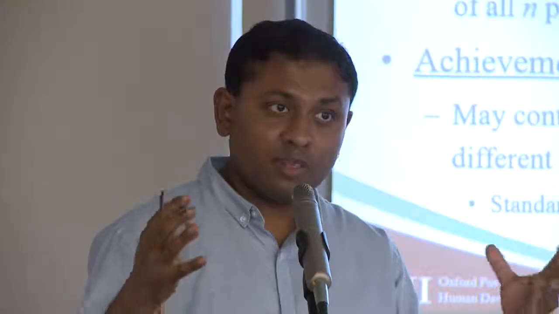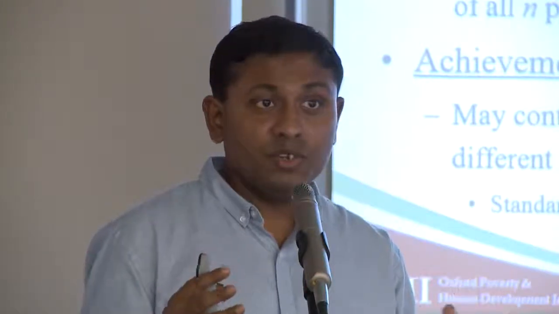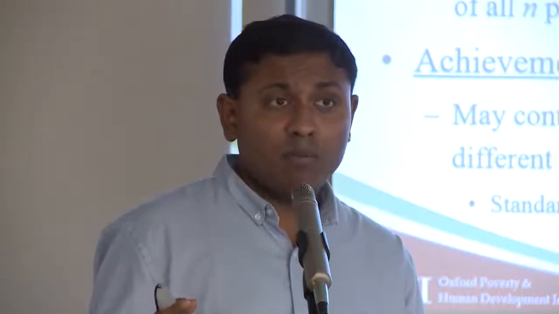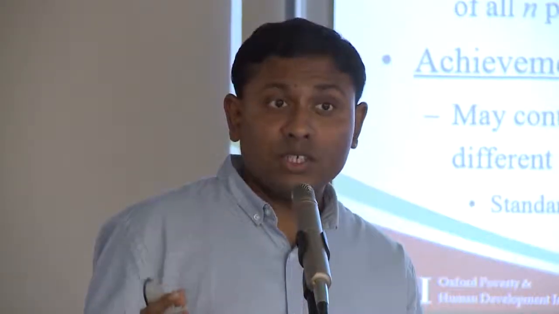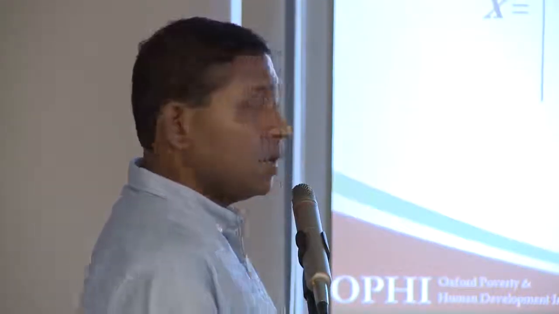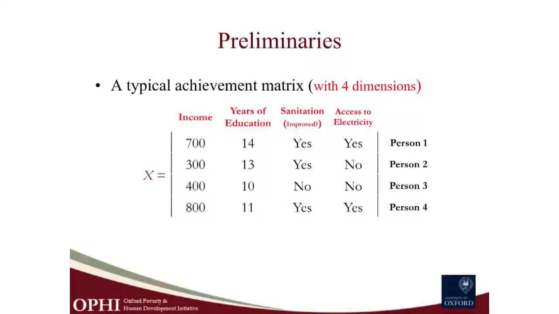Look, this framework is similar. It's the same achievement matrix, but here achievements are on different dimensions that may not be able to be combined meaningfully. And this is how a typical achievement matrix may look like with 4 dimensions. Income, say a typical dimension if you want to include in a multidimensional poverty analysis.